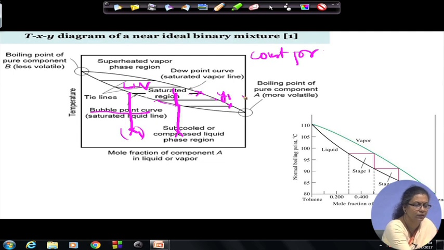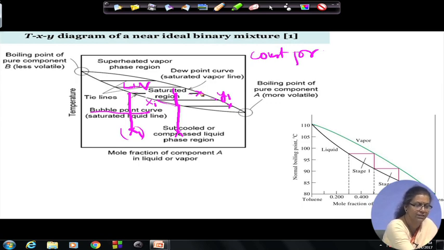Here we get the composition of the vapor phase, which is in equilibrium with the liquid phase, right. So, as we enter more and more into this region, the overall composition of the mixture remains the same, but x1 changes, y1 changes, and at every point x1 is in equilibrium with y1.